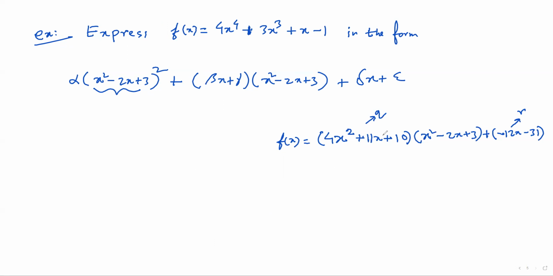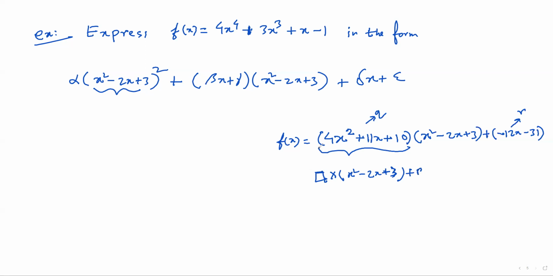Now, all we have to do is express this part again in the form of something times the divisor again, x square minus 2x plus 3. Now, this is a quadratic term, so if we divide by a quadratic, we are going to end up getting a constant remainder.